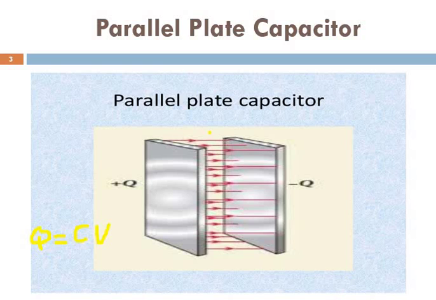The unit is named in honor of Michael Faraday, who among his other contributions developed the concept of capacitance. The submultiples of the farad are the microfarad, where 1 microfarad is equal to 10 to the power minus 6 farad, and the picofarad, where 1 picofarad is equal to 10 to the power minus 12 farad.